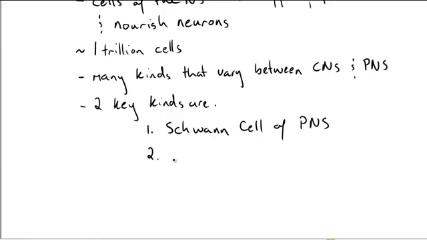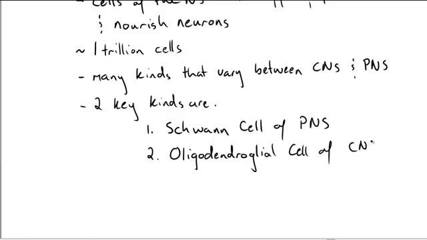And the tough word to say, oligodendroglial cell, of the central nervous system. It's sometimes also known as oligodendrocyte.